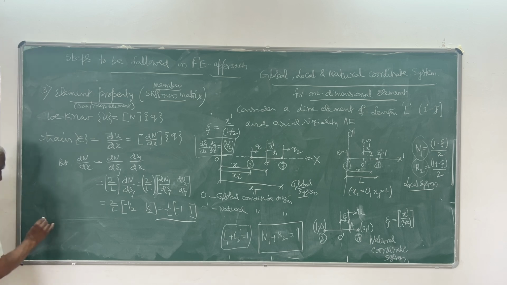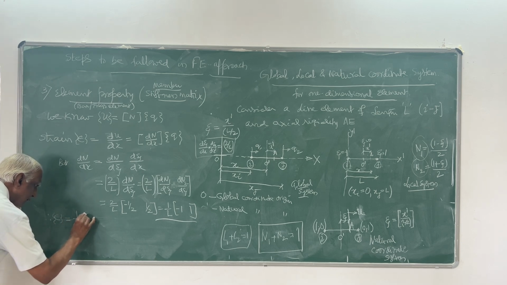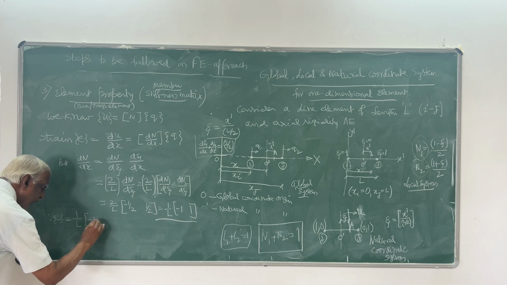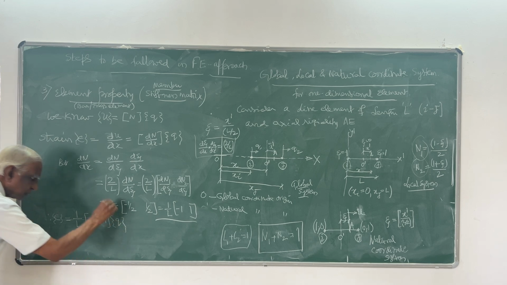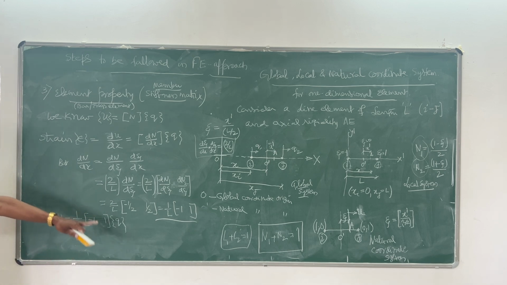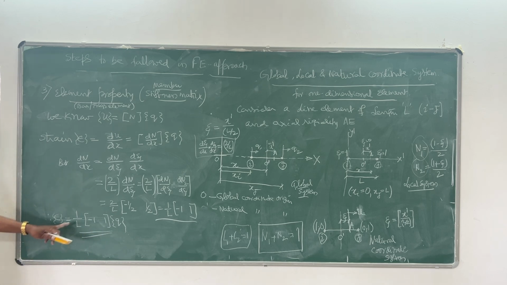So therefore, strain is nothing but 1 by L, minus 1, 1, into Q, that is Q1, Q2, the nodal displacements. This is called the strain displacement matrix.